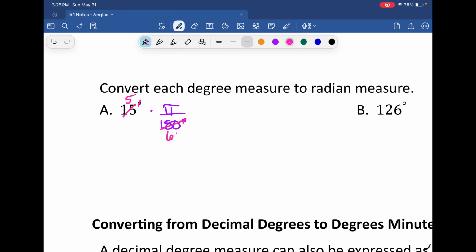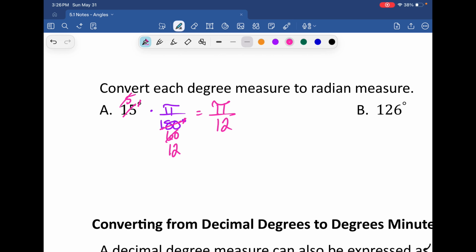That's 60, and then 5 goes into 60 12 times. So I get pi over 12. Now you can do this in the calculator. So let me show you how to do it. You just can't use the pi symbol. What we do instead of using a pi is we just use 1. I just have to remember that's where the pi goes.